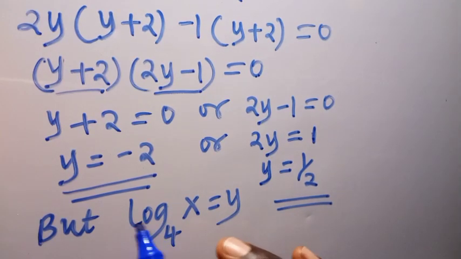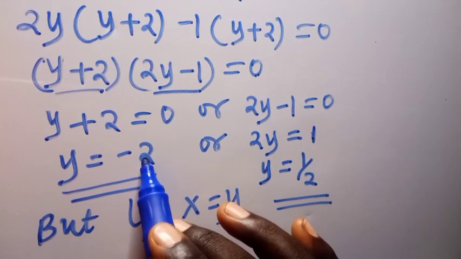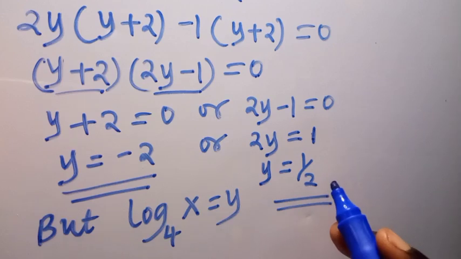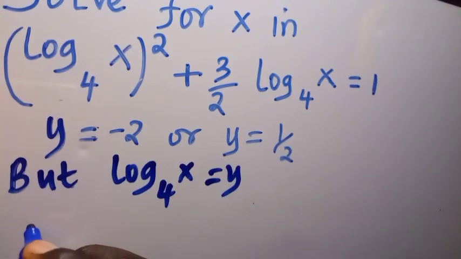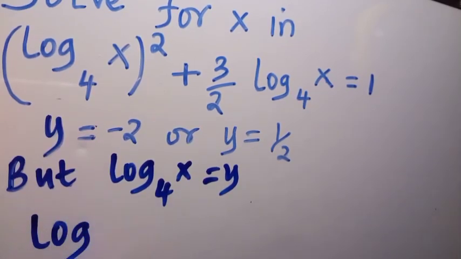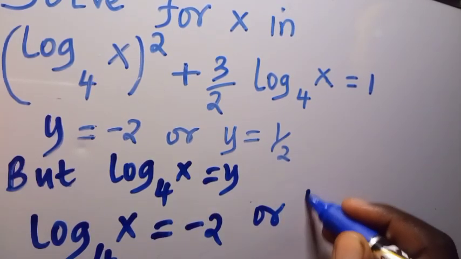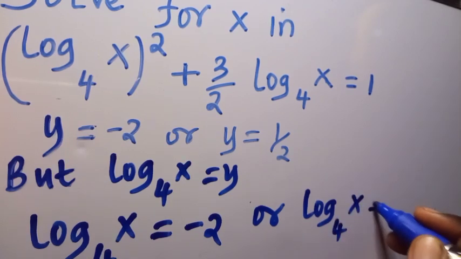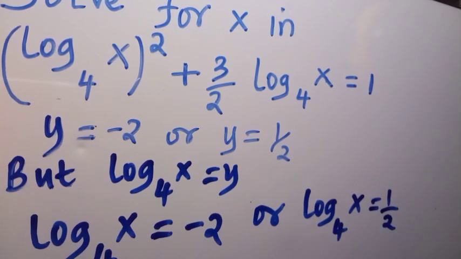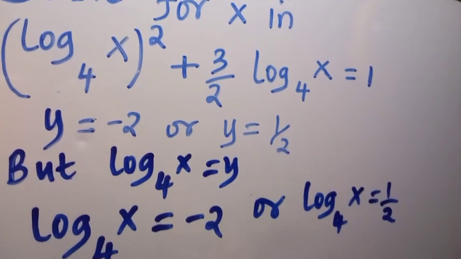Therefore, the logarithm of x base 4 is either negative 2 or a half.